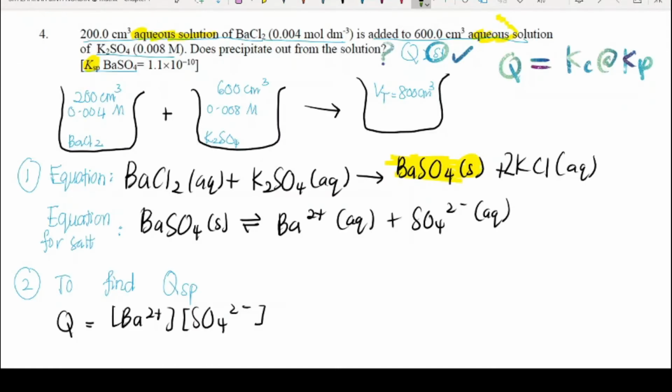So what is the concentration for Ba2+ and SO4 2- in the mixture? Because remember class, we add up all of these in aqueous solution. So we need to find the new molarity for BaCl2 and K2SO4 in the final mixture.